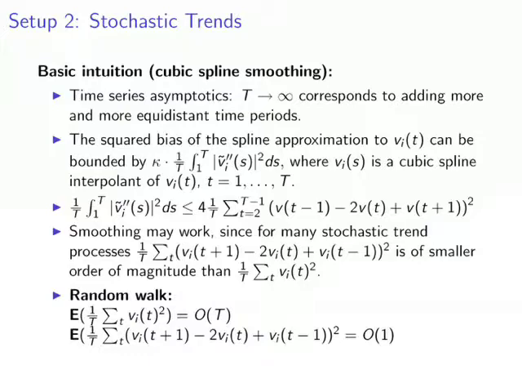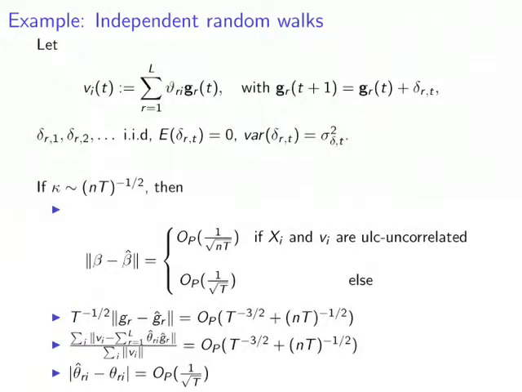And so in this case, if you assume that, for example, the vi are something like a combination of L independent random walks, then you also get rates of convergence. And for example, for the betas, this now depends on whether x and v are correlated or not. You get better results if they are uncorrelated. These are then the quality of the estimates of the g. You see that has something to do with t to the minus 3/2 plus n t to the minus 1/2.